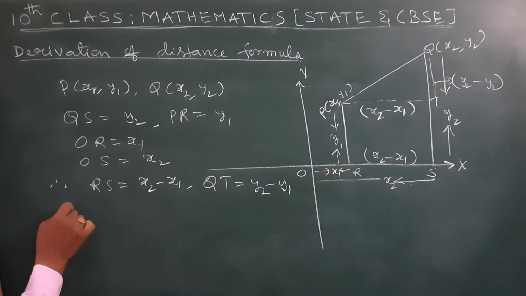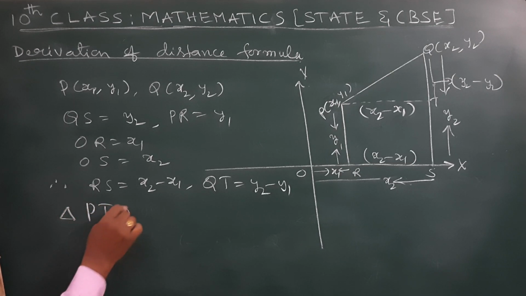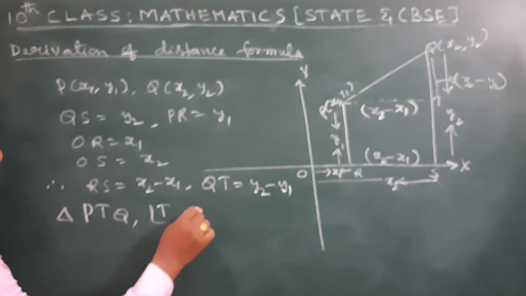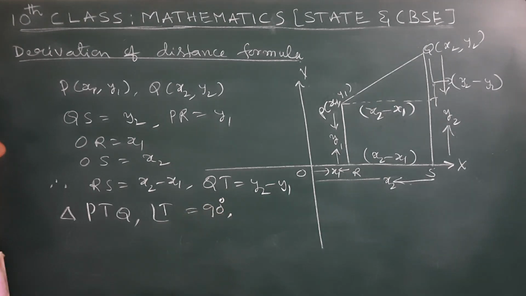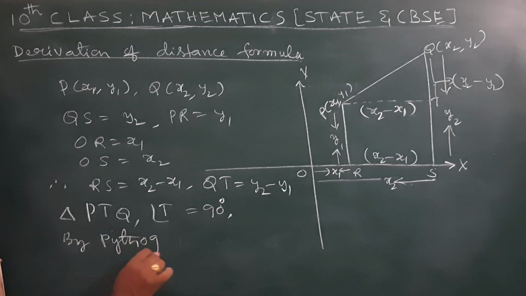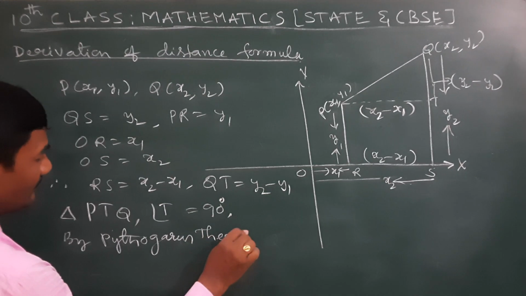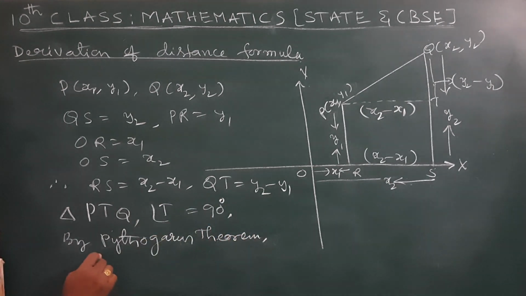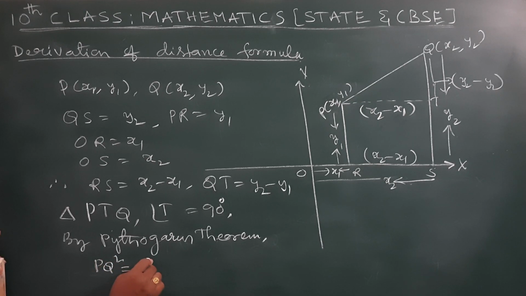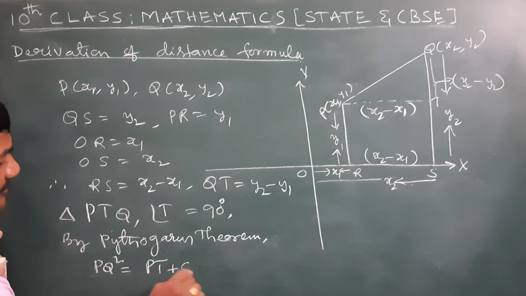Therefore, in triangle PTQ, angle P is equal to 90 degrees. By Pythagoras theorem, hypotenuse whole square, that is PQ square, is equal to PT square plus QT square.